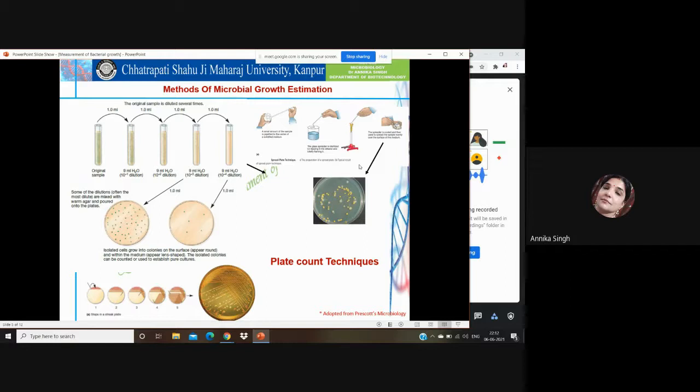Another method, which is known as the most probable number method or approach, is used because sometimes plate counts cannot be used to measure population size.